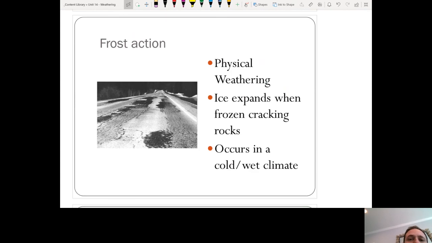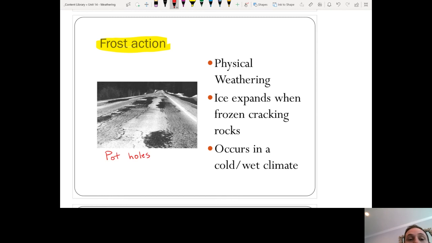The first type, very common here in New York, and an example of physical weathering, is known as frost action. Frost action occurs because when you freeze water, it expands, and when it expands, it basically pushes the rock particles apart, and the rocks break up. Now you can see here we got a picture of just a road, and what we're looking at here are potholes.